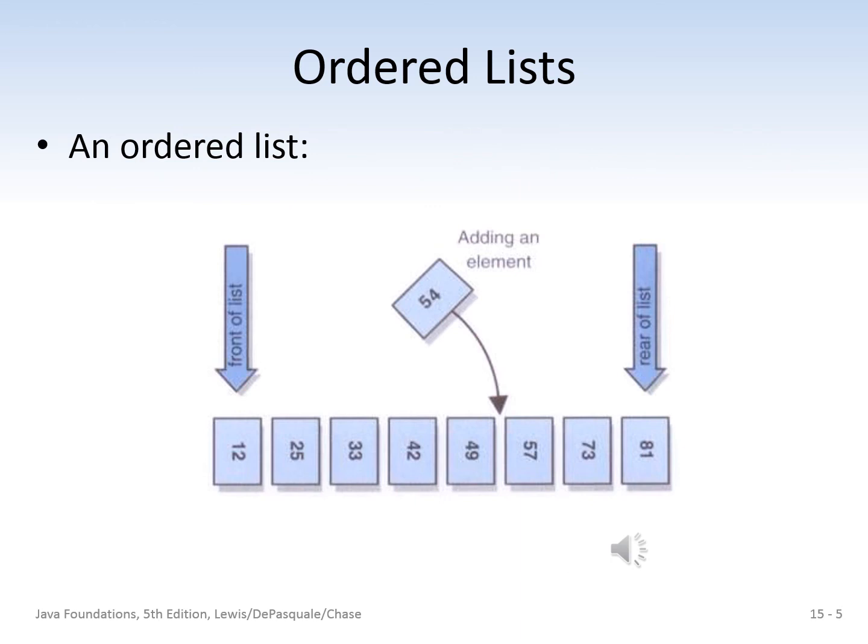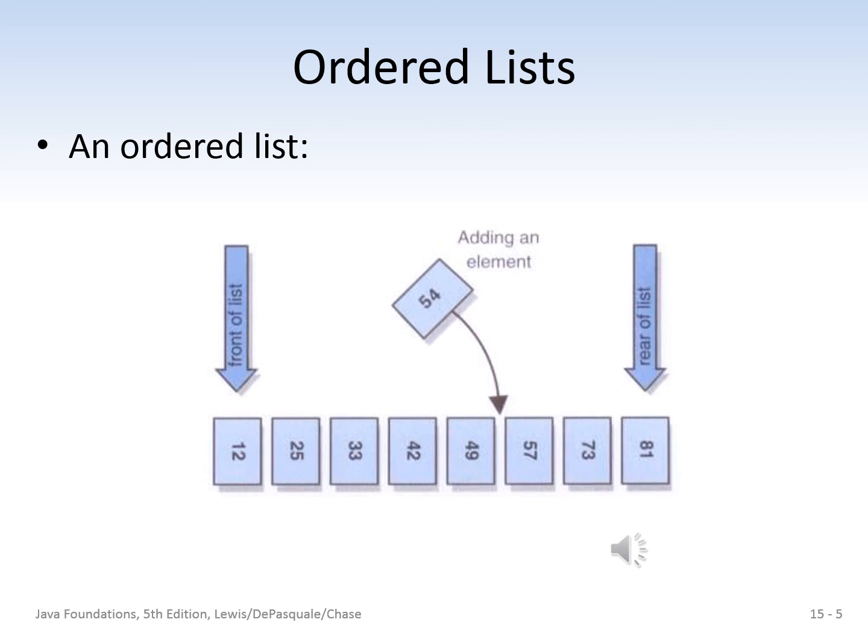Here we're looking at a graphic depiction of an ordered list that appears to be storing integers. And you can see that they're stored in ascending order from the front of the list to the rear of the list. So the front of the list in this example holds 12.